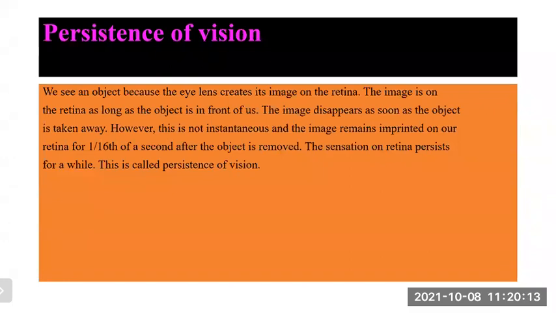Once we remove the object, the image still remains imprinted on our retina for 1/16th of a second after the object is removed. So the sensation on the retina persists for a while. This sensation, we call it the persistence of vision. Got it? So it is very simple.